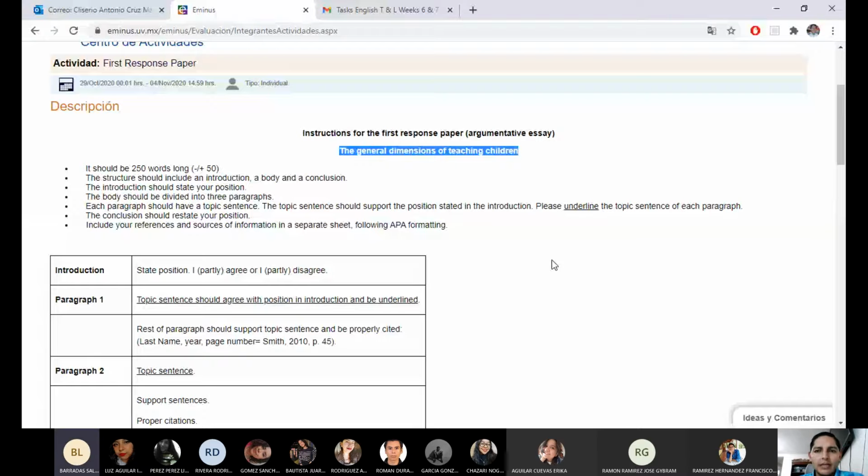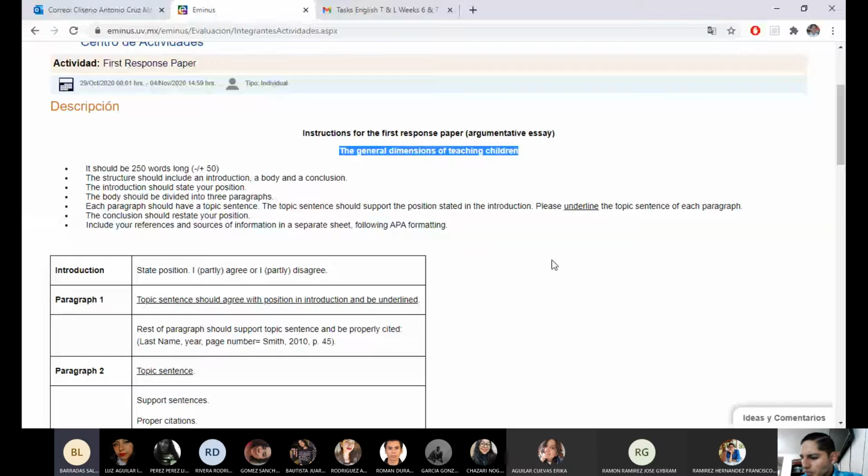And you know that a response paper is an argumentative essay, which is structured by following guidelines, but that also gives you the opportunity to speak up your mind in a professional manner.